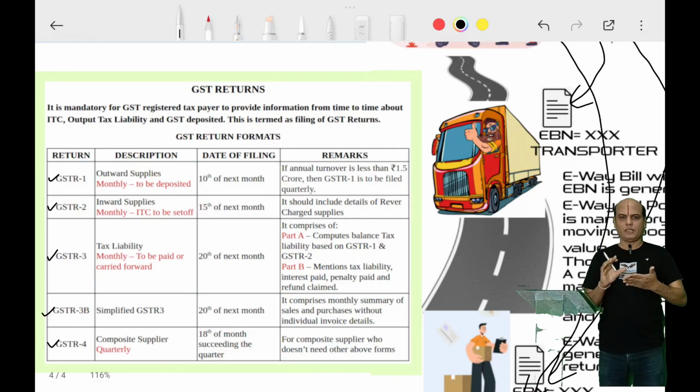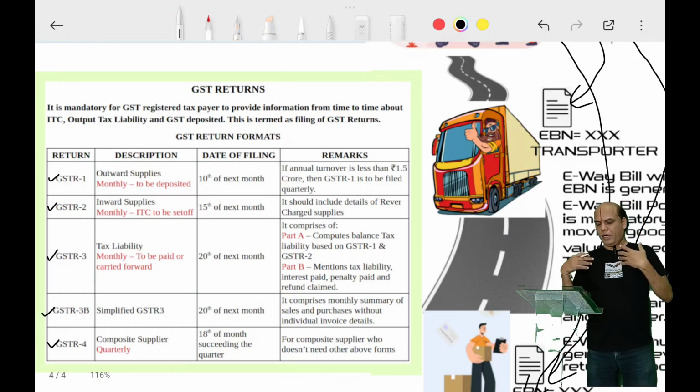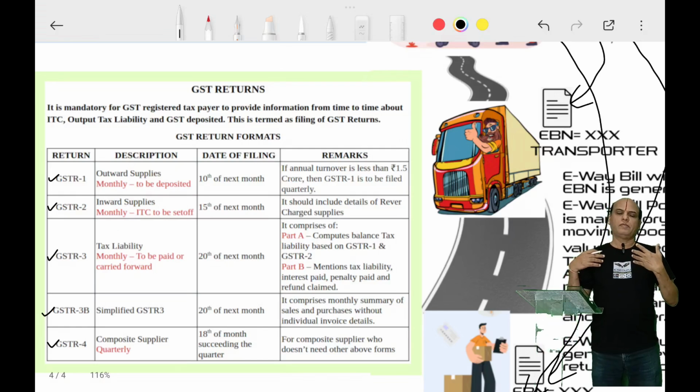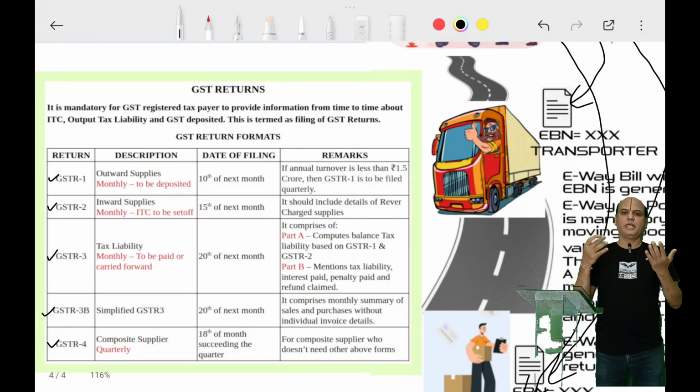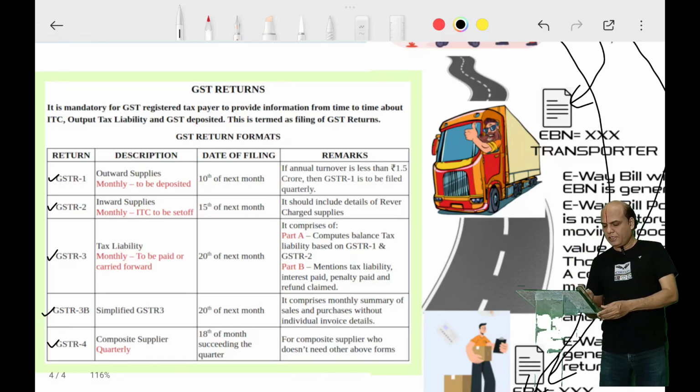Second, although I am a supplier selling goods, I might also consume goods and services. Whatever goods and services I have consumed, and whatever GST I paid to the supplier of goods to me, will be mentioned in GSTR 2.